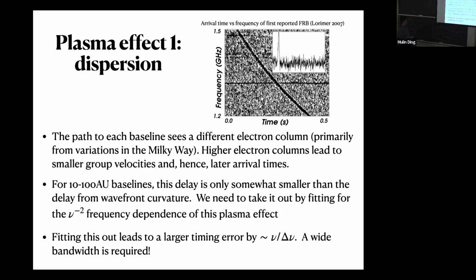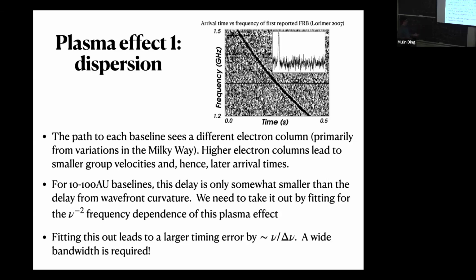But because this delay scales as frequency to the -2, you can take it out. The light will arrive at 1 detector a little bit earlier or later because of the plasma, but it will do this in a frequency dependent manner, so you can fit for this delay because of its frequency dependence in addition to the geometric delay.